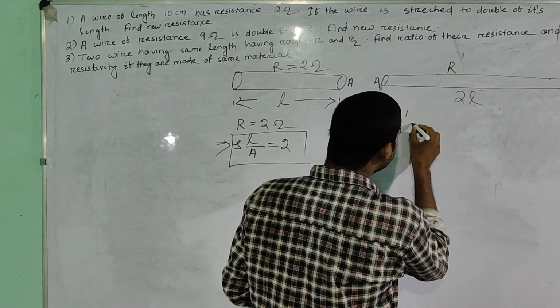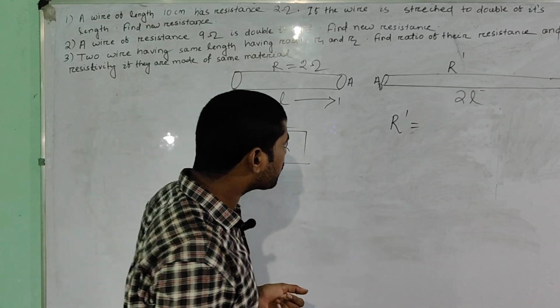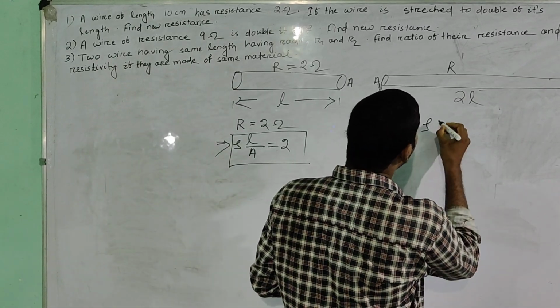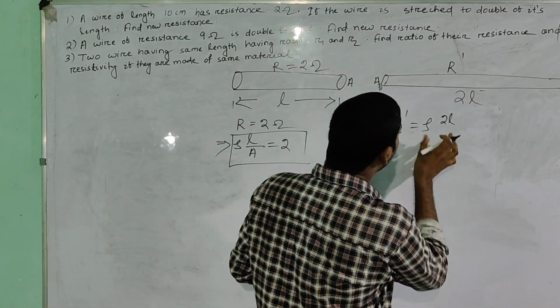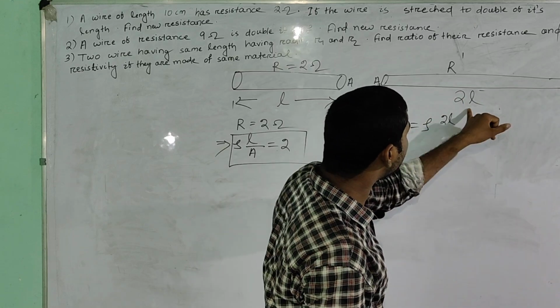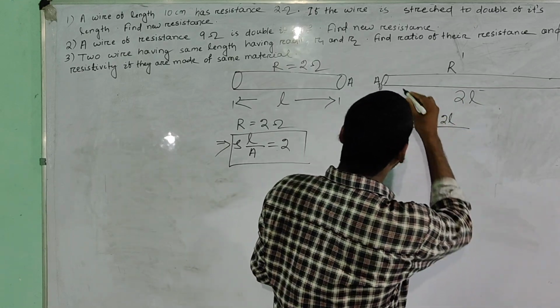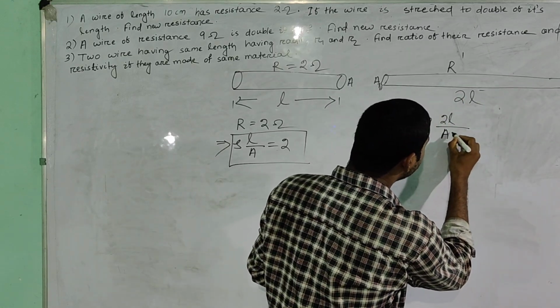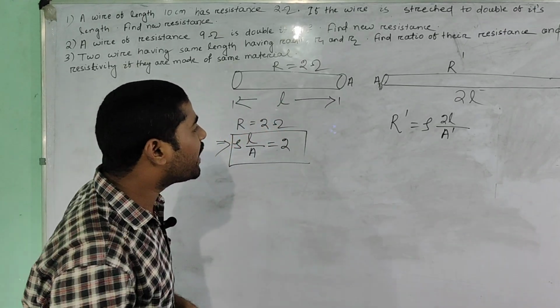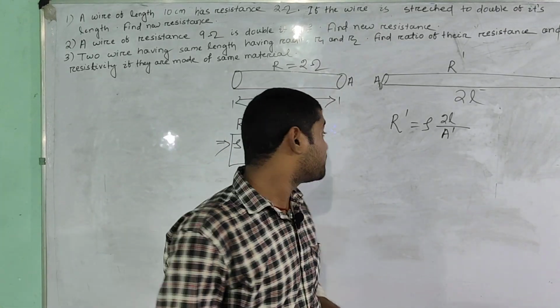So R dash equals rho 2L by A dash, where the length of this case is 2L and the area of this case is A dash.